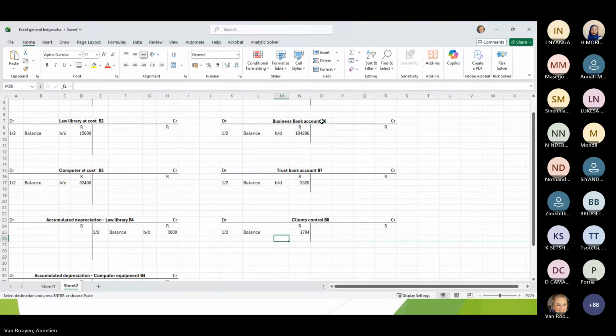B6 at the end of the month, receipts. It comes from where? Business cash receipts journal, and that was the amount. It didn't copy from mine.